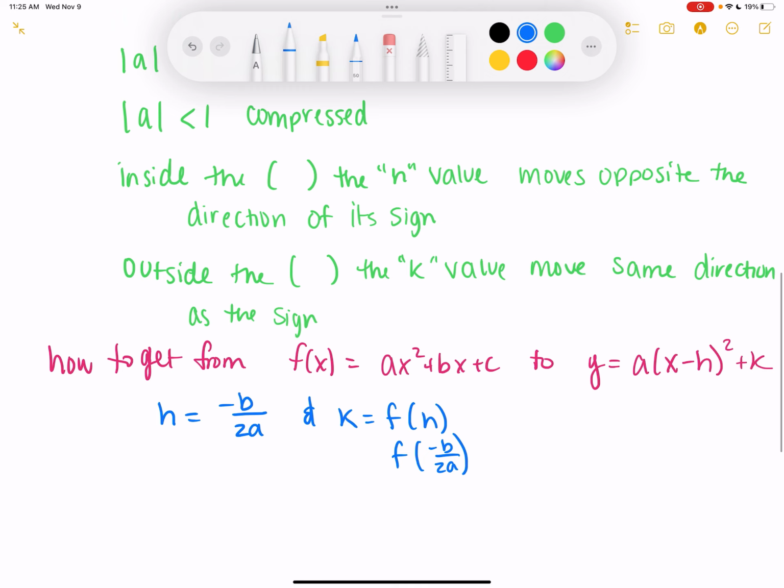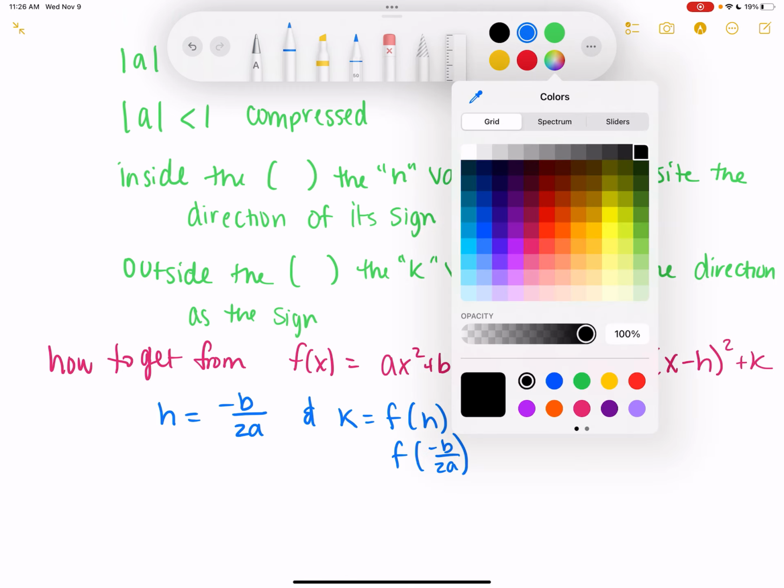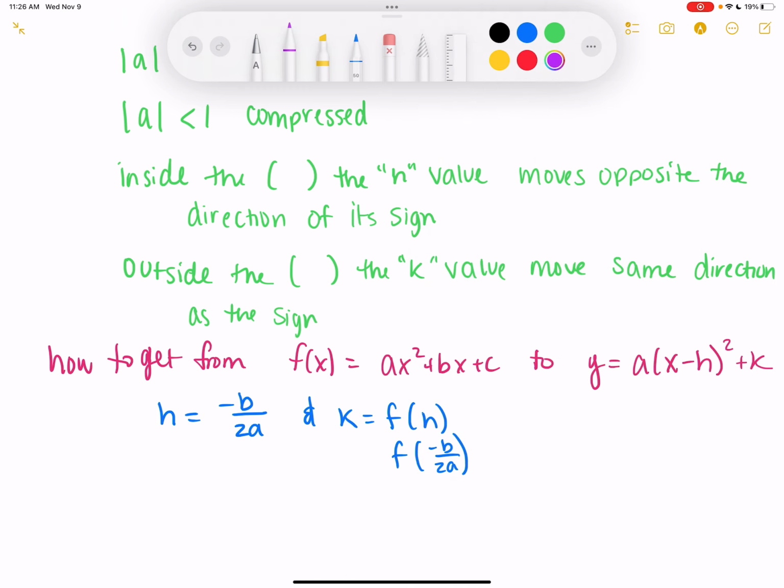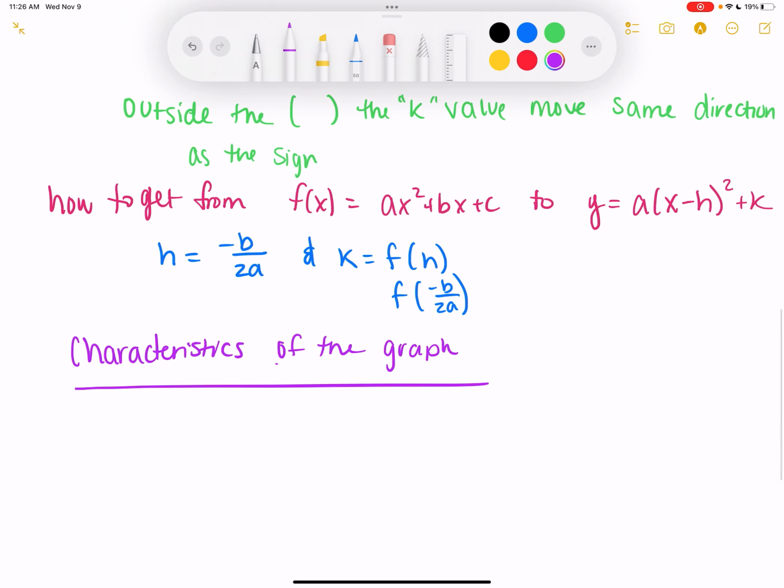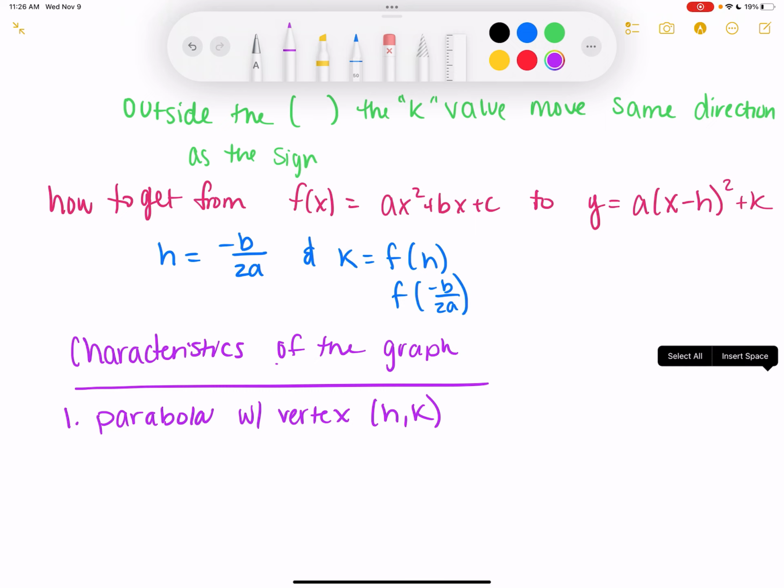So some stuff about the characteristics of the graph. First, it's a parabola with vertex h, k. Now, it's h, k assuming it was given in minus h plus k form.